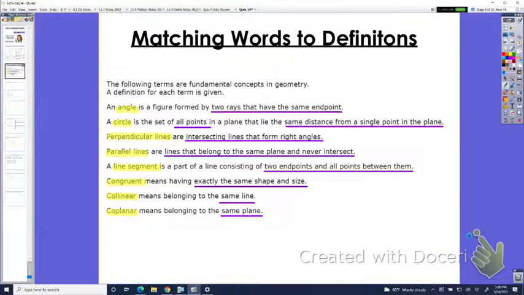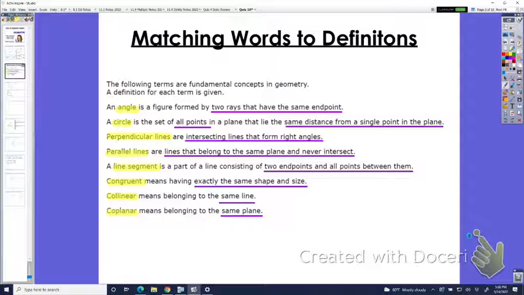The second question is going to ask you to match definitions and words together. So you need to know the following highlighted yellow geometry terms. It says an angle is formed by two rays that have exactly the same endpoint. So you should know what an angle looks like. A circle is a set of all points in a plane that lie the same distance from a single point in the plane.